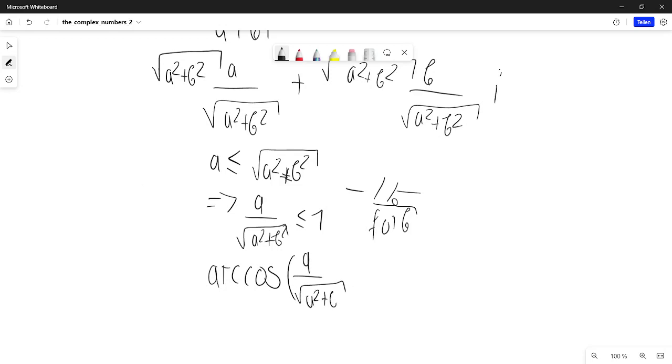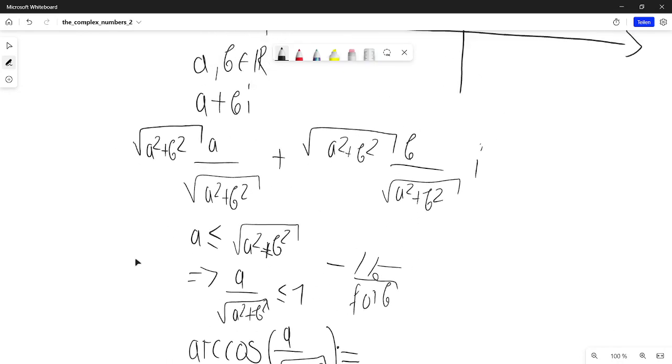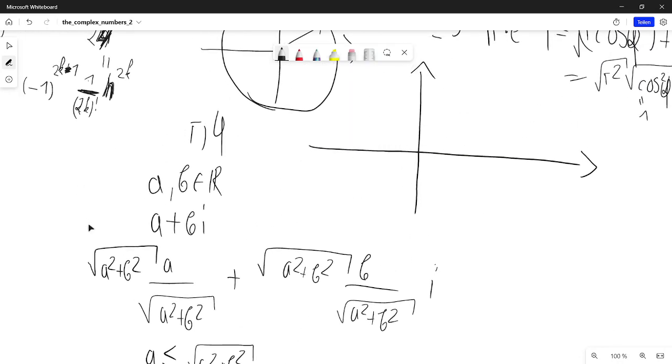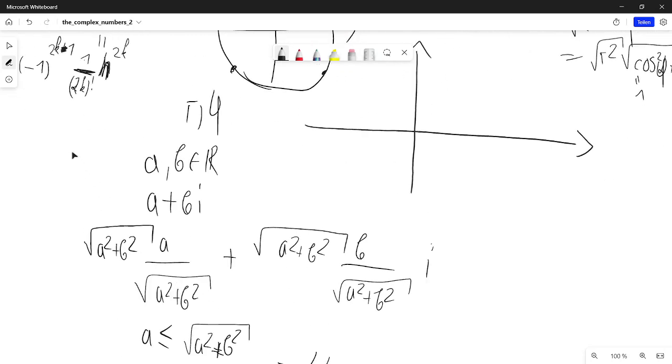So just take a cosine of that, and this is an angle, right? So let's call it phi now. Here we have to be careful because we don't know where our angle is. Depending on how the number is positioned, we would get different things to take as a cosine.